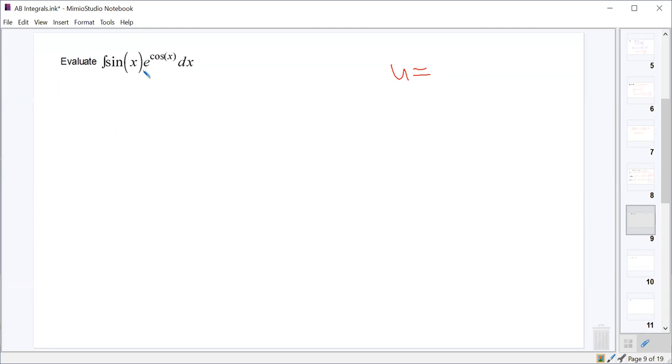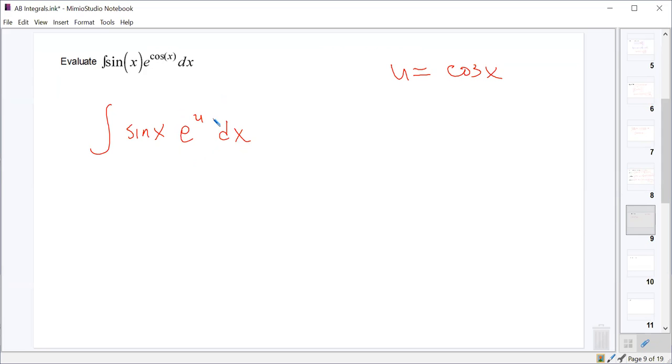So if we could turn the e to the cosine x into e to the u, then we'd be off to a good start, because the hardest part of this to integrate is now easy to integrate. The issue is that we still have a sine x attached to the front of it, and we have a dx and not a du. So we're going to have to find a way to turn that dx into a du.